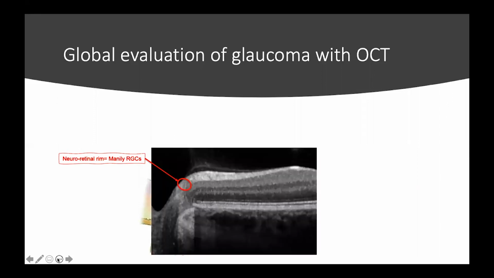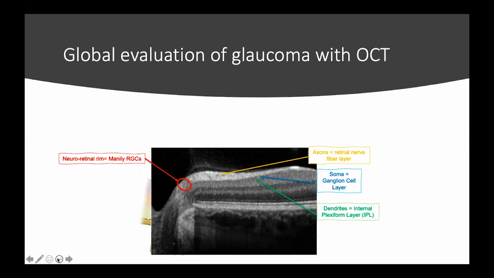That's how we can actually see it in a high definition OCT. Then the axons of these cells go to the retinal nerve fiber layer. The soma of these axons is what we call the ganglion cell layer. And finally, the dendrites make one layer that's called the internal plexiform layer, or IPL.